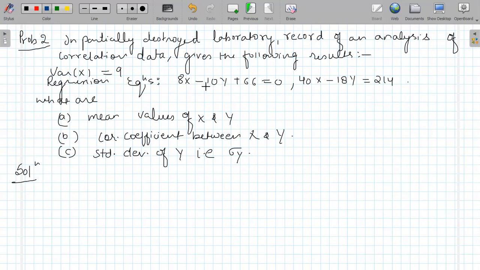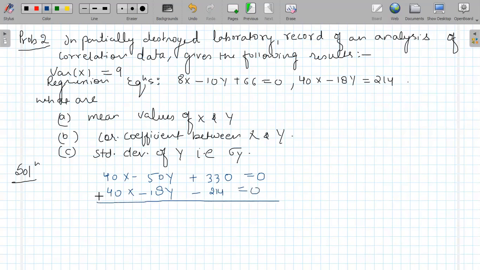सो यू जस्ट मल्टीप्लाई दिस इक्वेशन बाय 5. सो वी हैव 40x minus 50y plus 330, and the second equation is this. We can take this 214 to the left hand side so that we have minus 214 here.